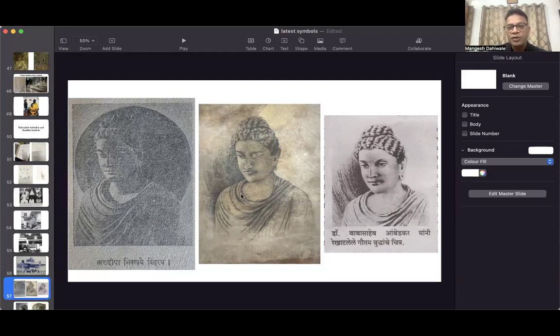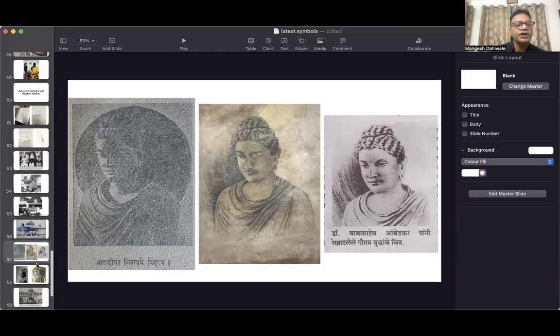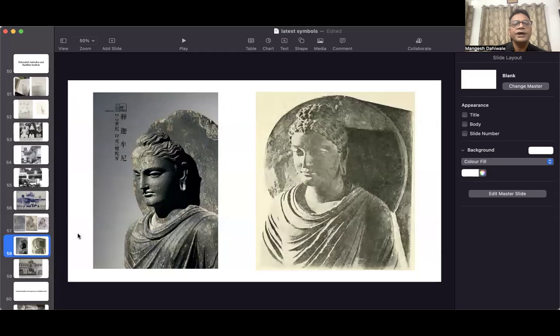So I reckon that this middle image, the Buddha with the open eye, has so much significance. So, coming to the end of my presentation, this is the image that Baba Sahib Ambedkar liked, and this second image is found in The Essence of Buddhism.